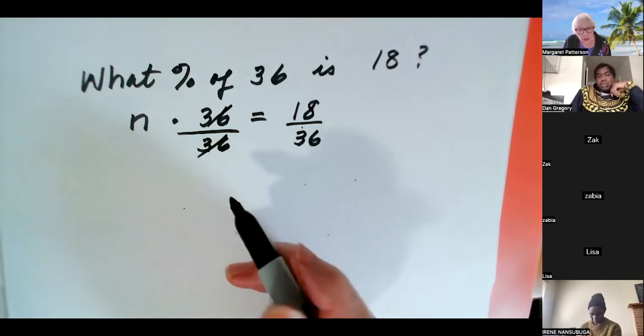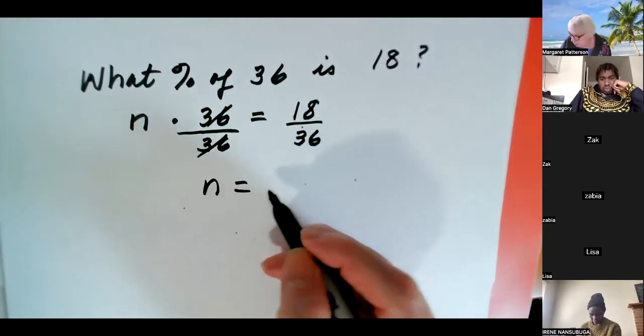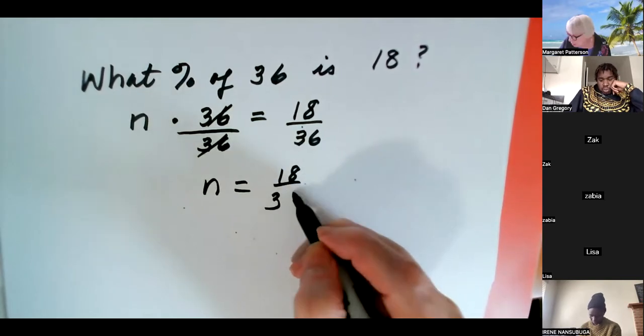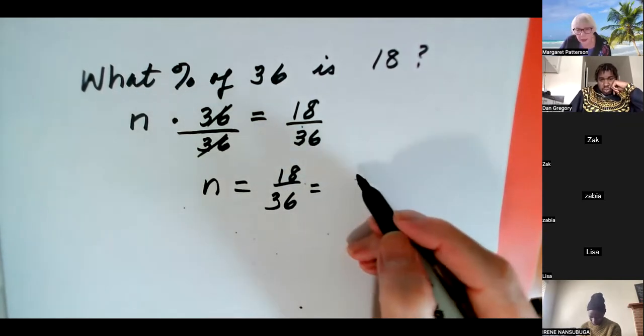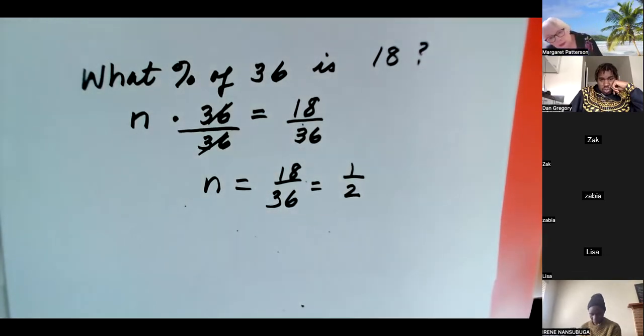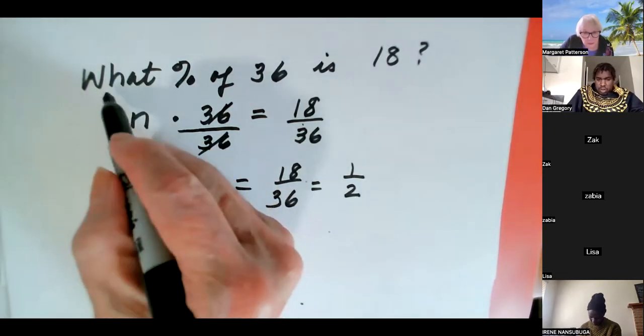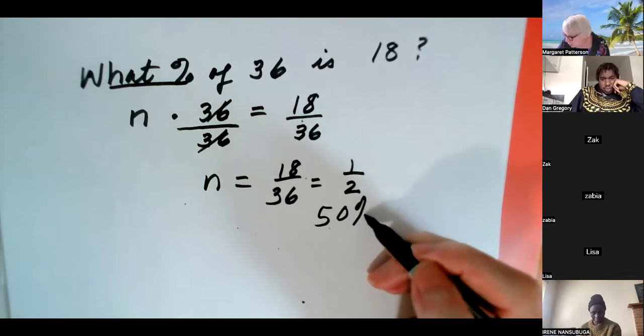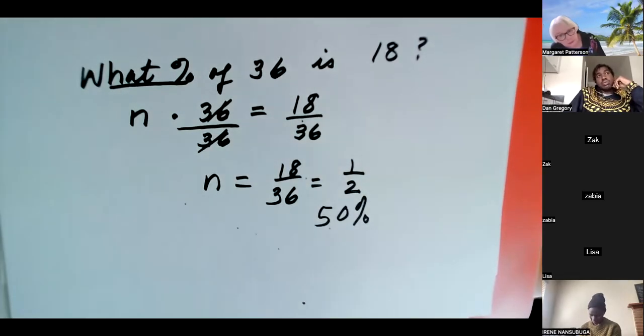So the 36 would cancel and you're left with 18 over 36, which as far as I can tell is 1/2, but I need the percent, 50. It's again just another one of those, 50%.